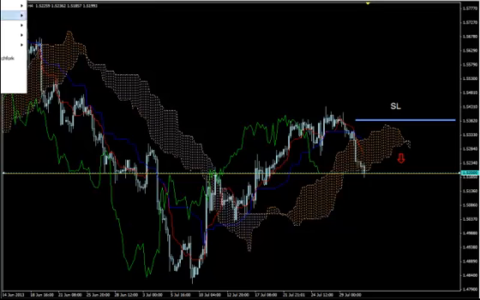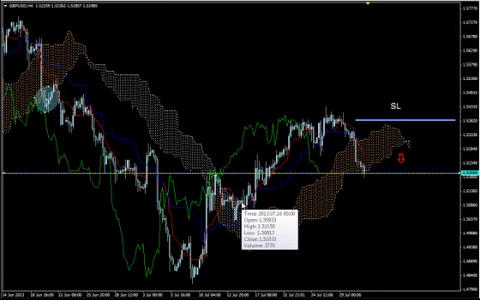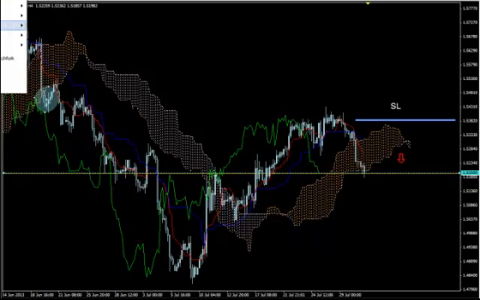Let me insert an ellipse. Okay, it's not the easiest. Okay, we had a bearish Kumo breakout here on the H4 time frame, and a bullish Kumo breakout here. So I will insert another shape.